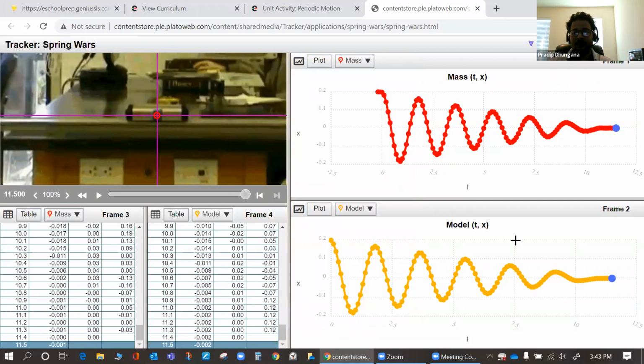Now you can see our dynamic model. It was already there. We just filled out those parameters, initial value and expression for force to set up our model. Now let me play.